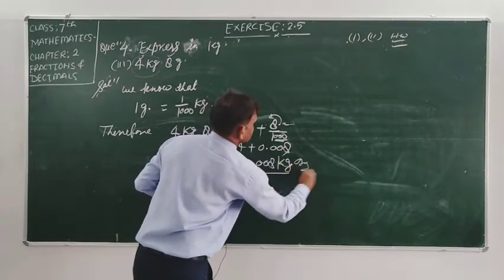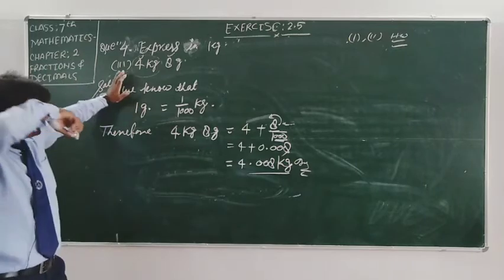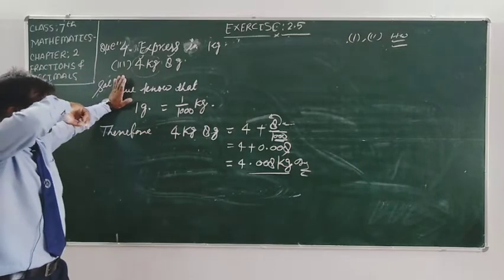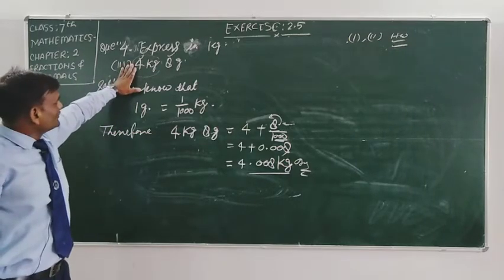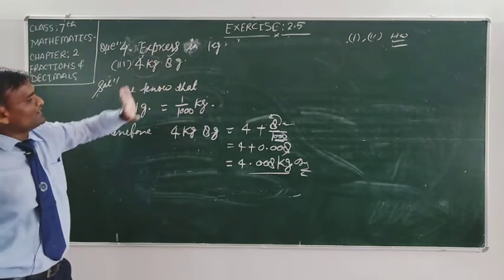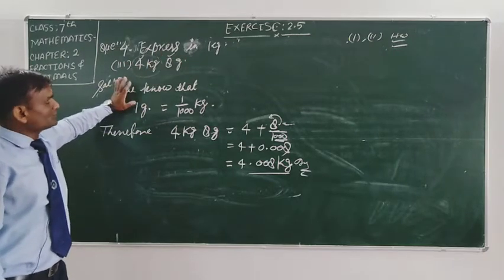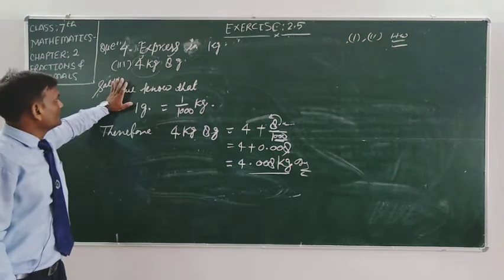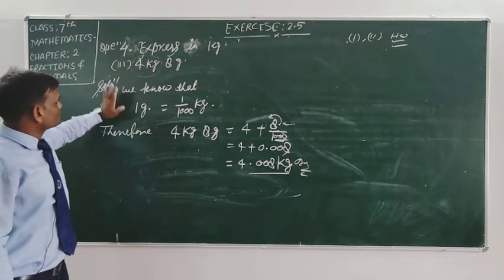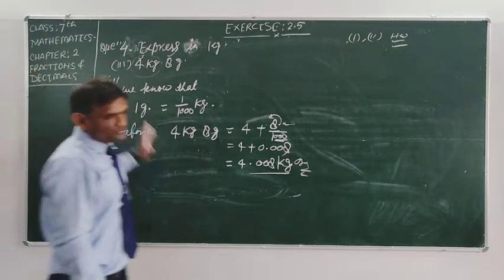This is my answer. So student, it was very easy. According to this part, you will solve the remaining two parts of this question, student. So I hope you have understood this question very well. So come to the next question, student.